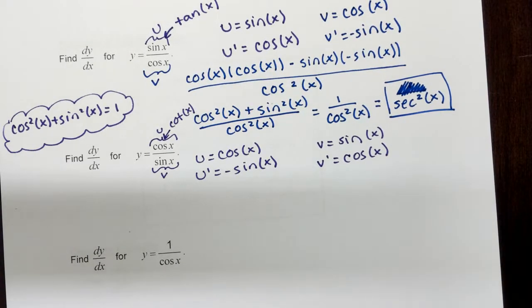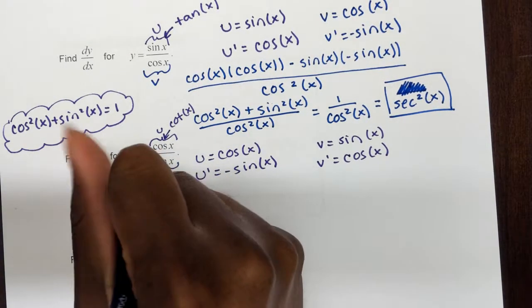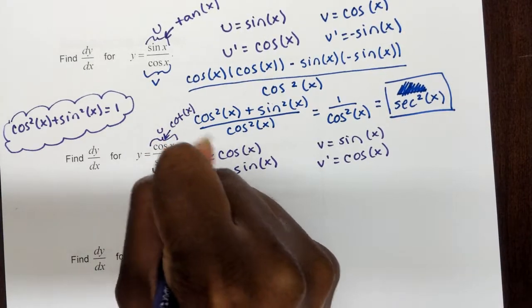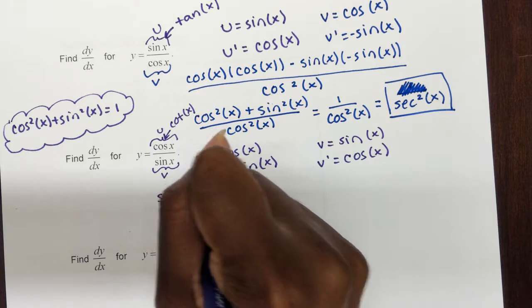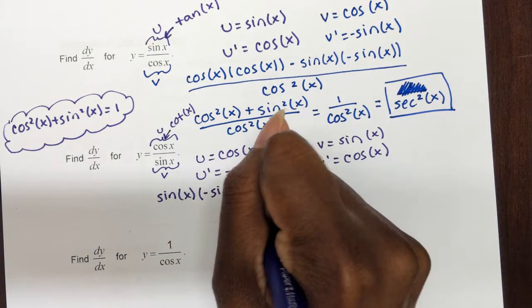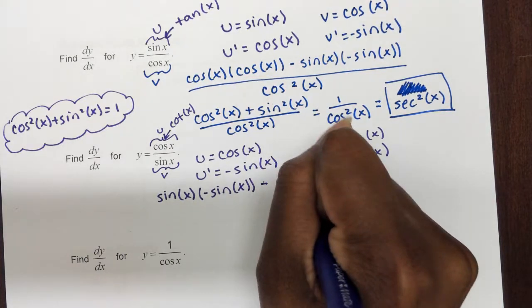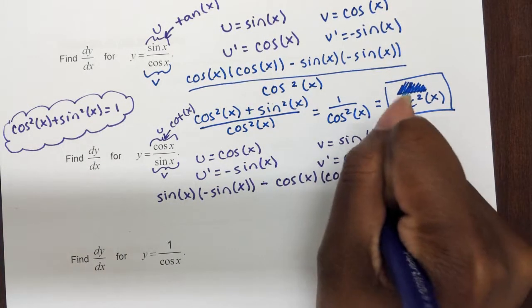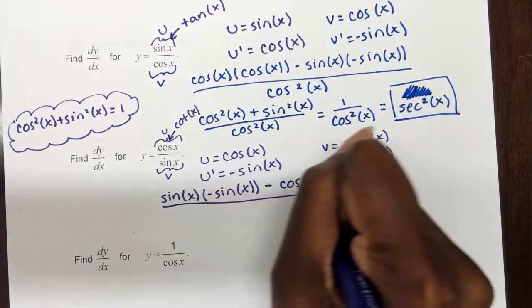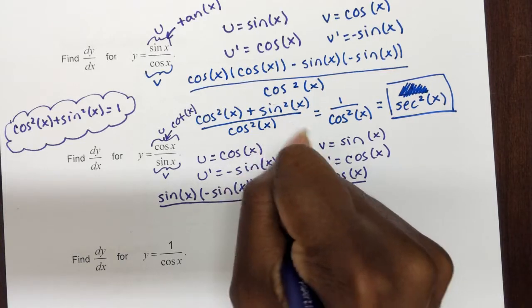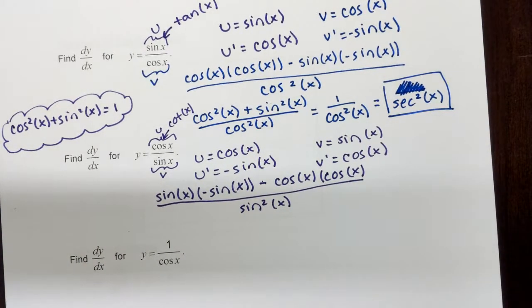So when we put this into our quotient rule, we will have sine of x times negative sine x minus cosine of x times cosine of x all over sine squared x.